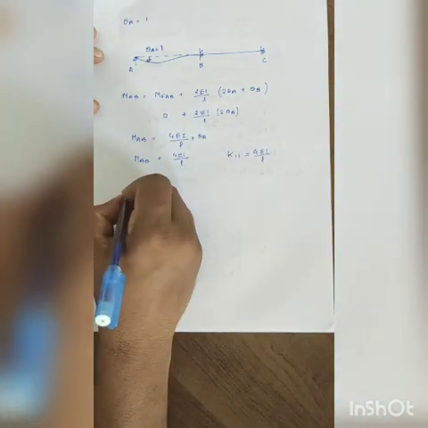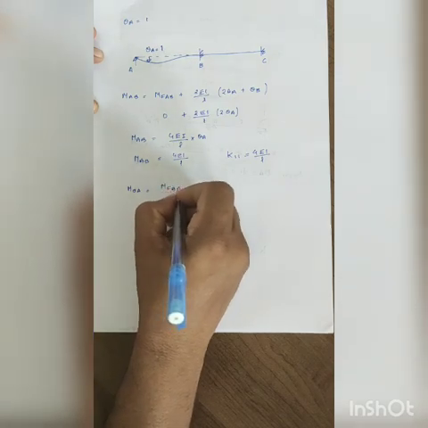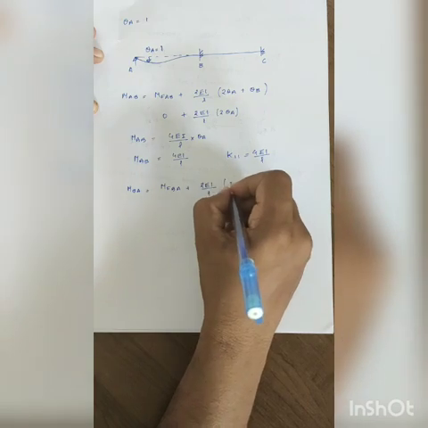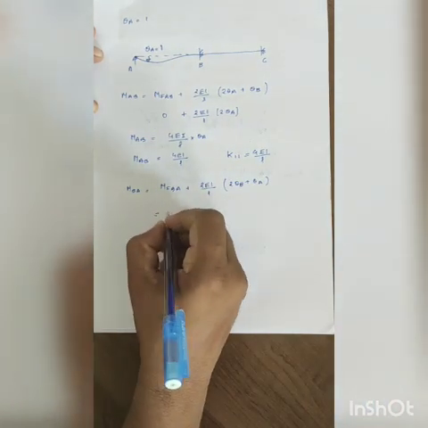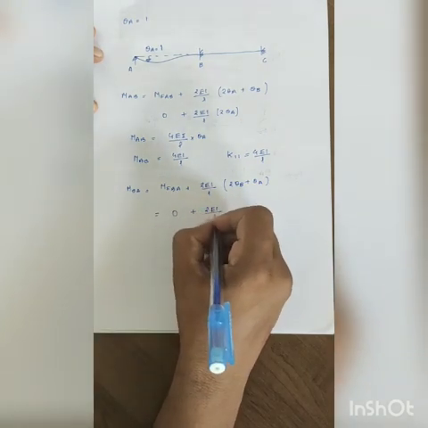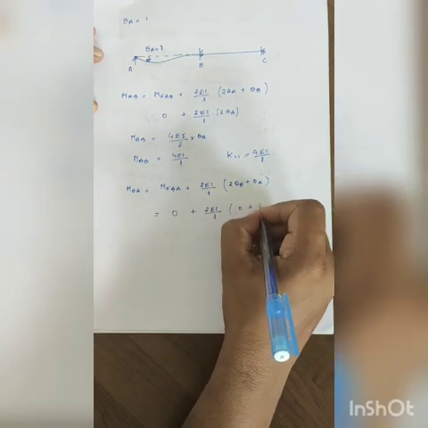Now MBA is equal to MFBA plus 2EI by L into 2 theta B plus theta A. Here also MFBA, the fixed end moment, is 0, plus 2EI by L into 2 theta B. Here theta B is 0 and theta A is 1.